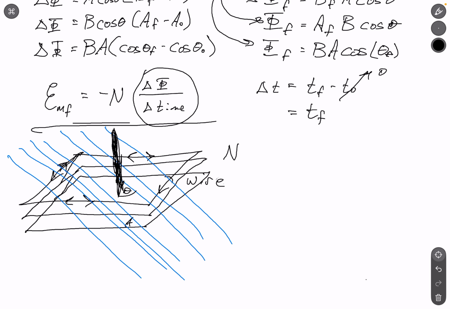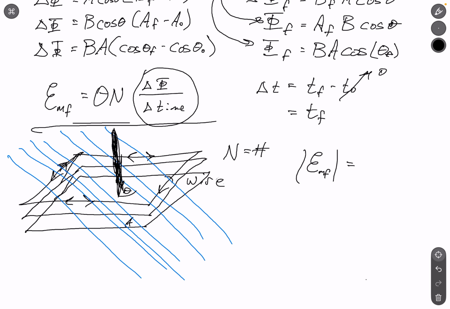Okay. So, everything's known, right? This has to be a known. It's just a number of loops. So what is our EMF? Here's the key. You get the EMF magnitude. So you don't worry about this negative sign, okay?